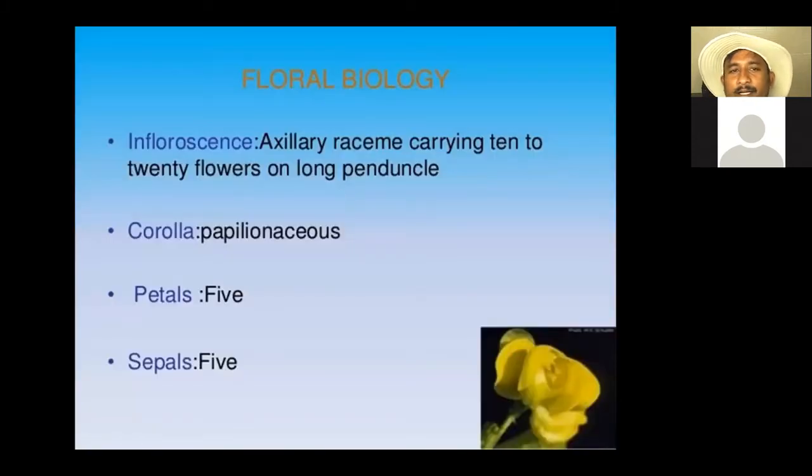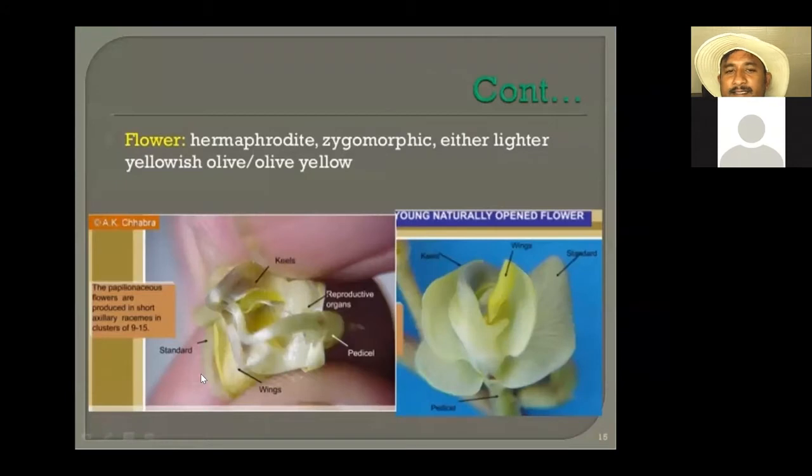So this is how an inflorescence looks, as I was describing. And this corolla is of papilionaceous nature. There are 5 petals and 5 sepals, and this is how the keel petal looks. And these are the stamens and anthers, the reproductive organs, and this is the pedicel, and this is a wing petal, and there is a standard petal.